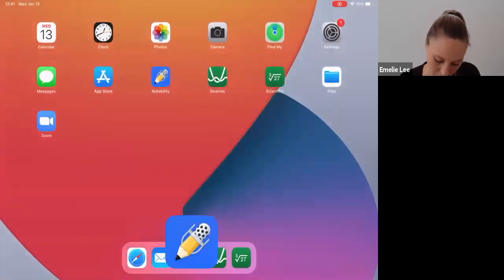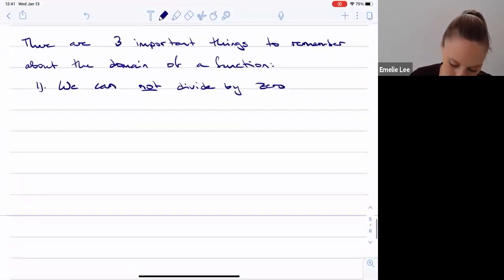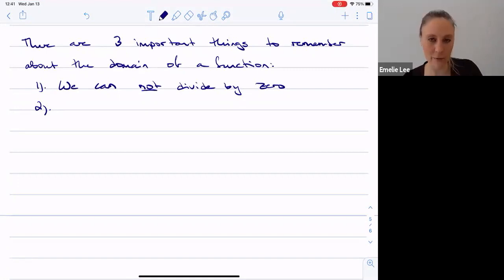Because you can't do it. So 2, we can't take the square root of a negative number. If we did, or if we had to, we'll get into imaginary numbers, and that's not for this course. So you can, it is a field, but it's not for us.